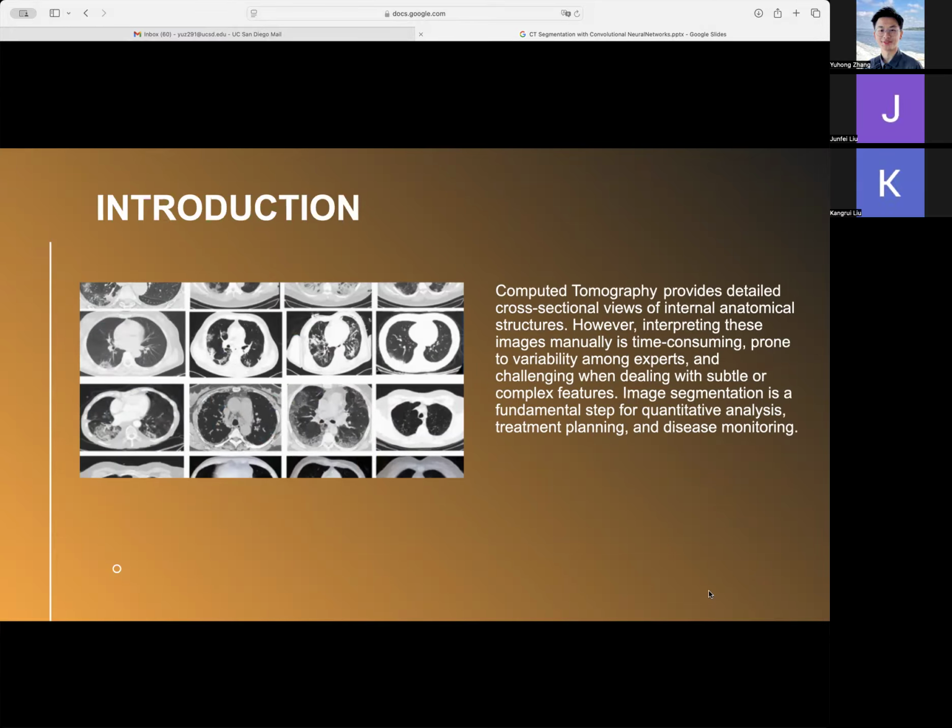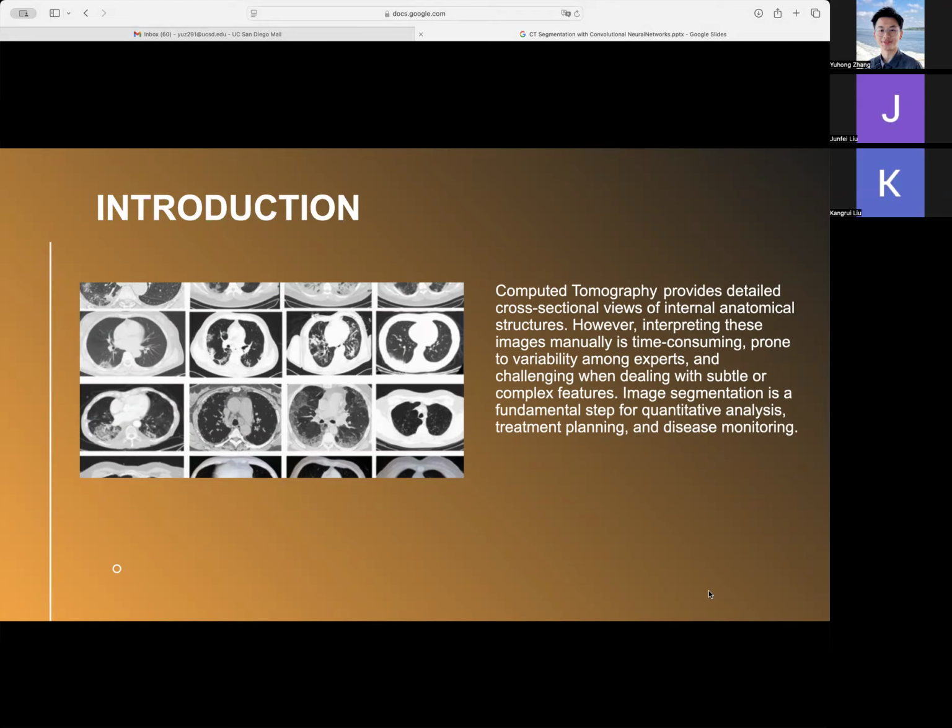So CT stands for computed tomography. It provides very detailed cross-sectional views of internal anatomical structures, and this is a very important technology in today's medical treatments. However, interpreting the images is very time costly, prone to variability among experts, and challenging in some very subtle conditions.